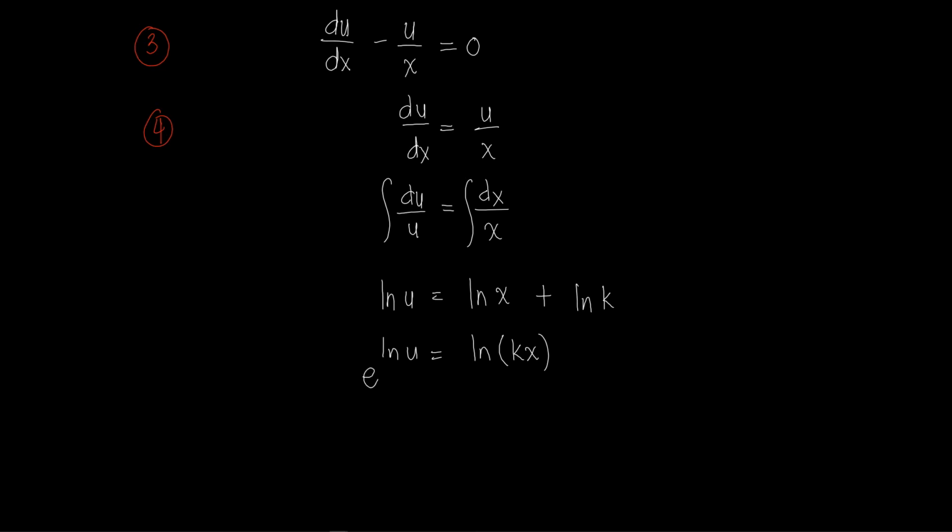Then by taking e to both sides to cancel the ln, we have u is equal to kx. Then we are done with step 4.